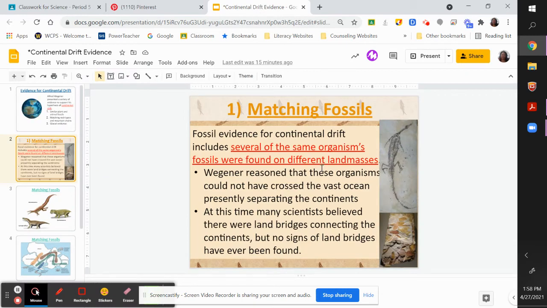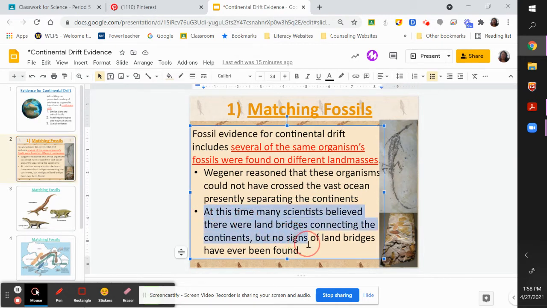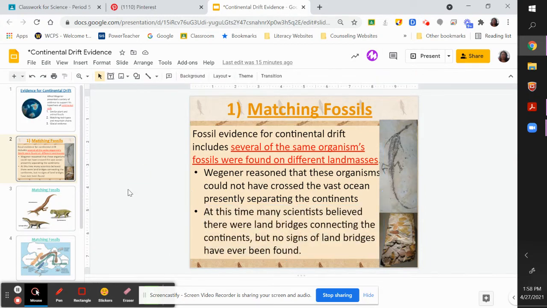And that's why there's evidence of some of these things, fossils, the dead remains of different organisms. But I do want to point out at this time, many scientists do believe that there were land bridges before that connected these continents, although there's no signs of land bridges connecting these continents, but that's what some modern day scientists believe.